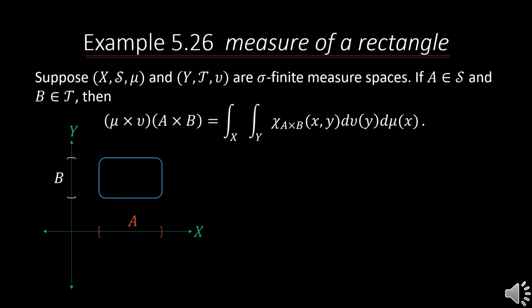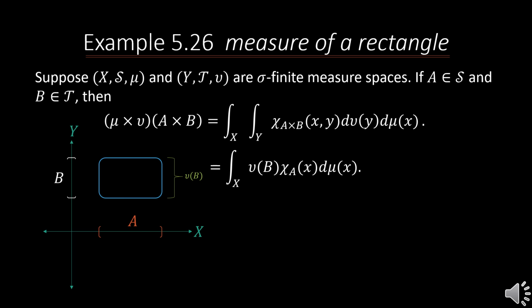We know from definition 5.23, iterated integrals, that we can handle the inside function first. To handle the inside integral, we first fix the variable x, and we integrate just with respect to y.